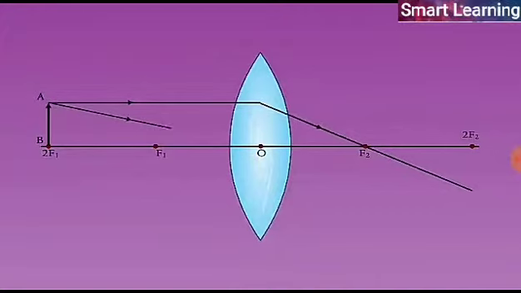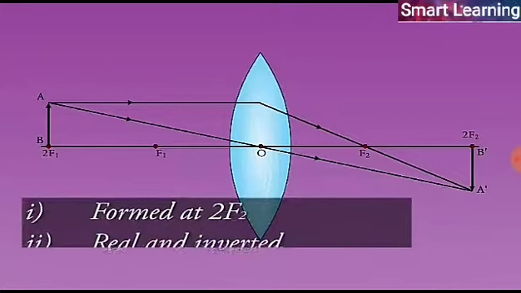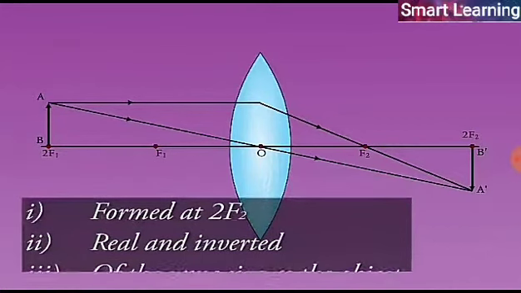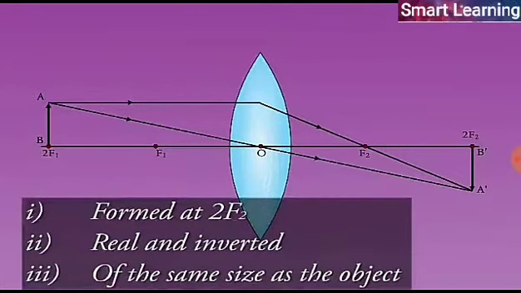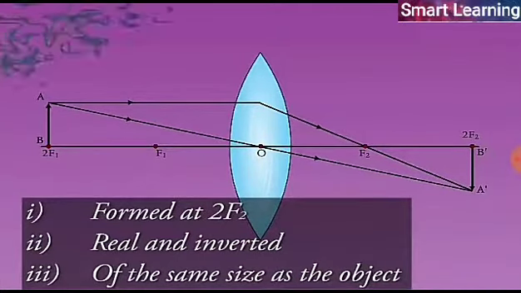Another ray starting from A and incident on the lens through the optical center goes undeviated. The two refracted rays actually meet on the other side of the lens and the image is 1. Formed at 2f2, 2. Real and inverted, 3. Of the same size as the object.